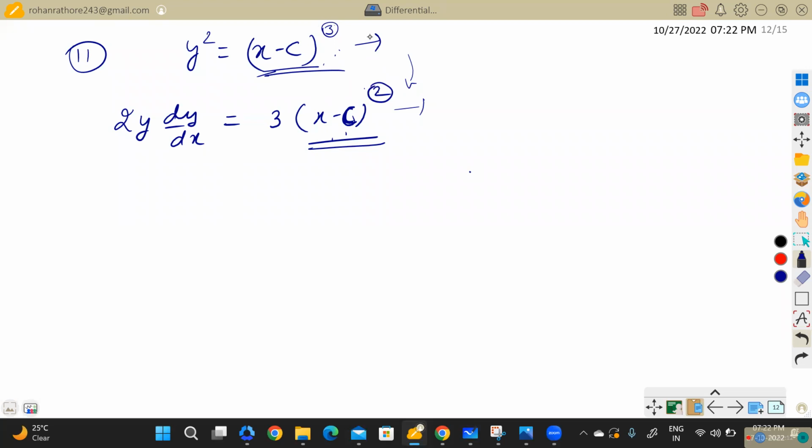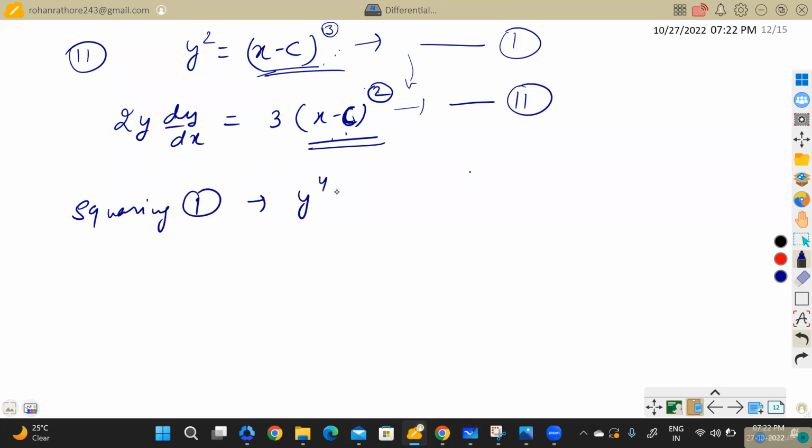You can take the square of equation 1 and take the cube of equation 2. Squaring the first equation, we get y to the power 4 equals (x minus c) to the power 6, right?